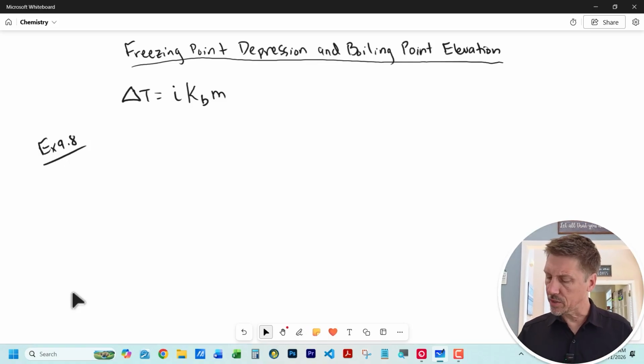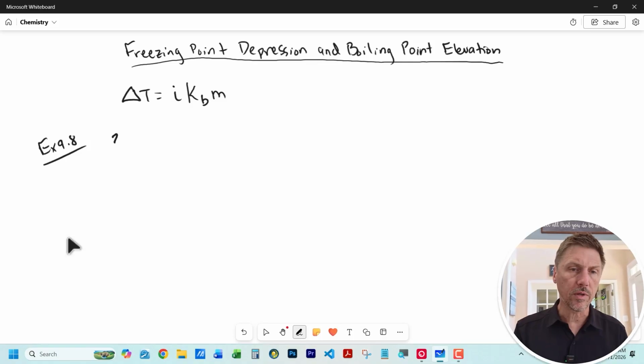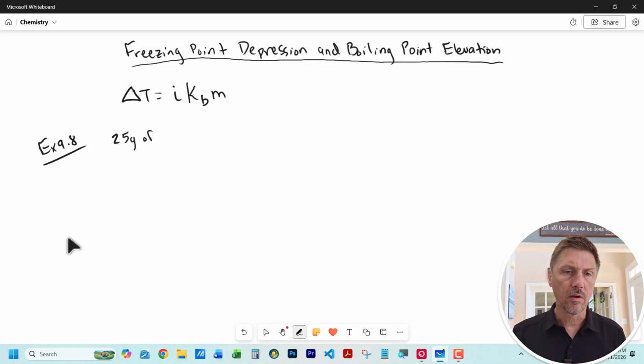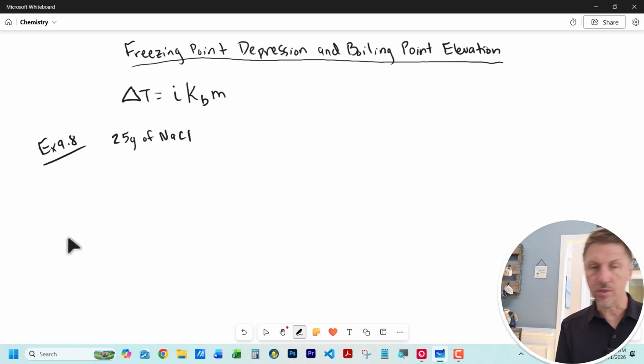So this particular problem says, what is the boiling point of a solution that is made by mixing 25 grams of NaCl? So we've got 25 grams of salt with 250 grams of water.